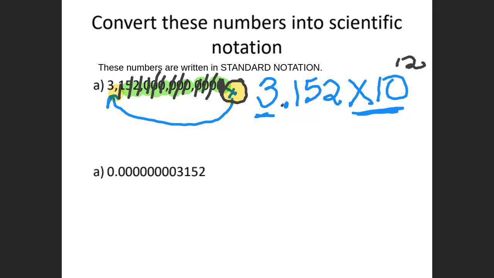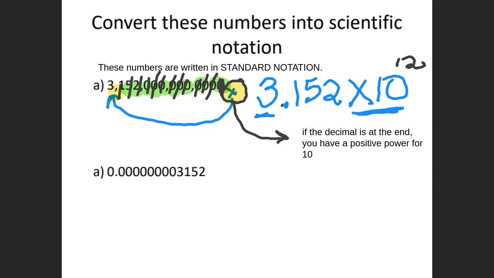Now, this decimal is at the end. If the decimal is at the end, you have a positive power for 10. That's why it's 12. It's also to the right of where 3 is.